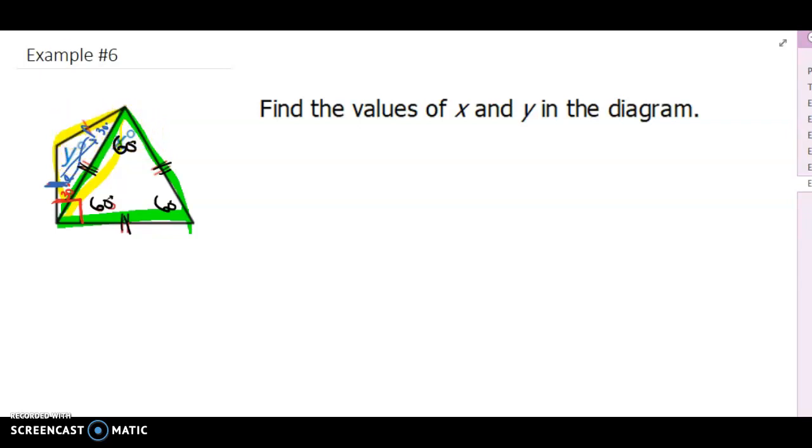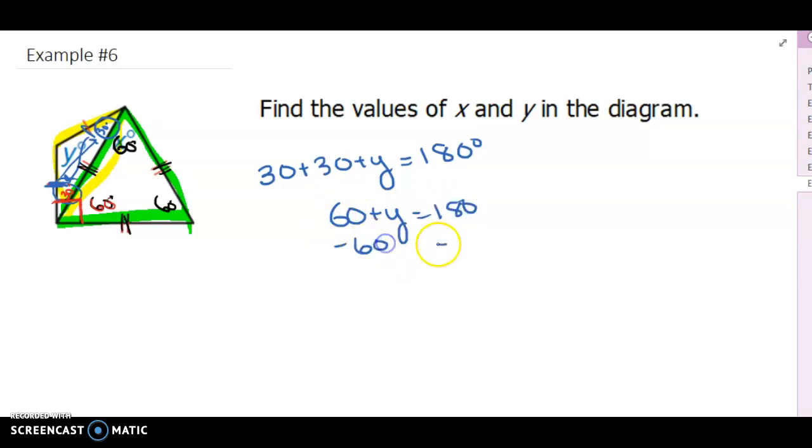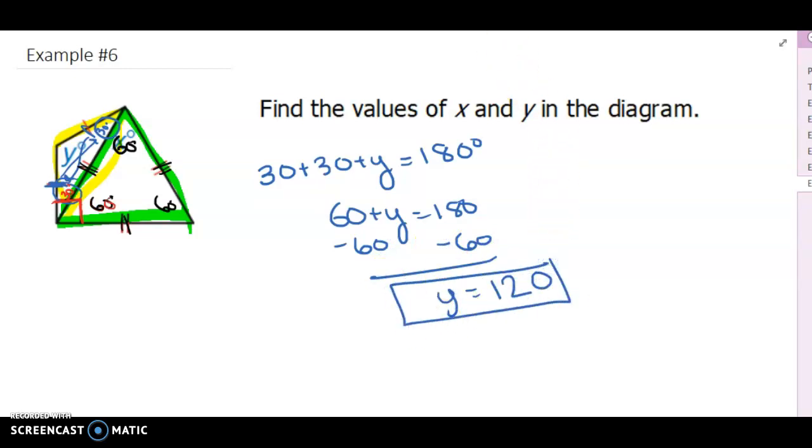Y, I don't know what it is, but I have 2 of the 3 angles of a triangle. So I could say 30 plus 30 plus y has to equal 180. So 60 plus y equals 180, minus 60. Y then is 120. And that would be your final answer.